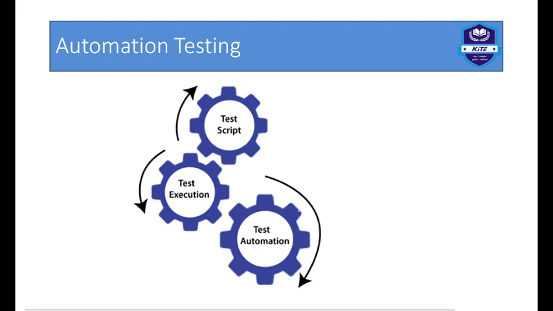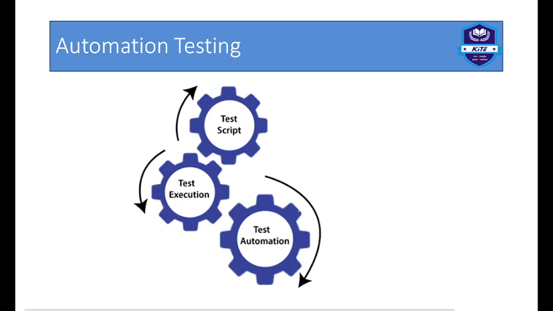And finally, automation testing. Software testing is broadly classified into manual and automation testing. In manual testing, we have discussed black box, white box, and gray box. In automation testing, the major advantage is that we no need to manually write the test scripts again and again.